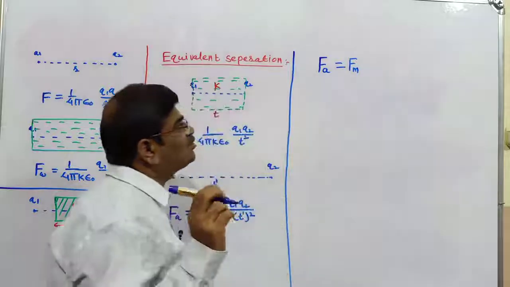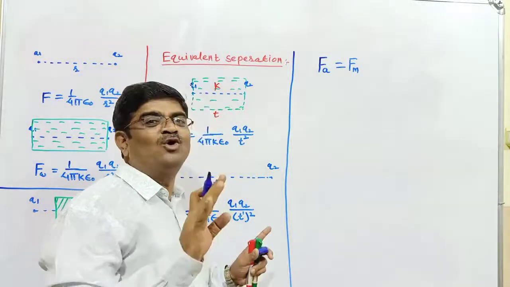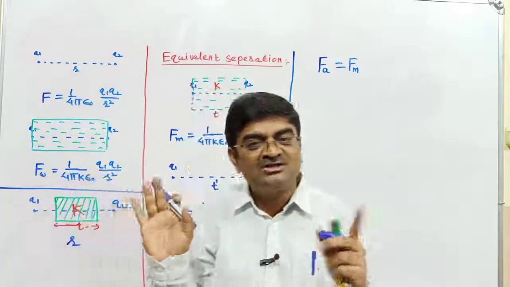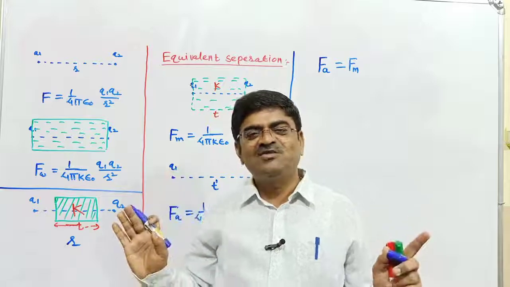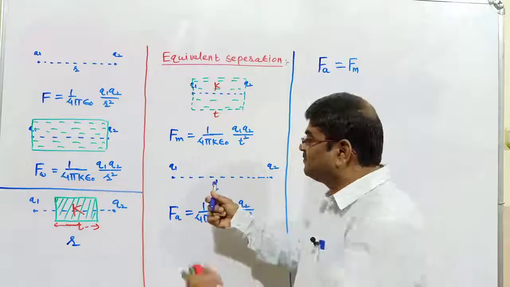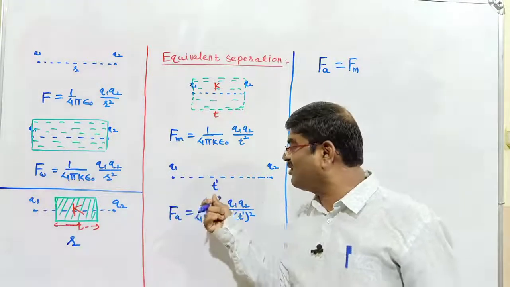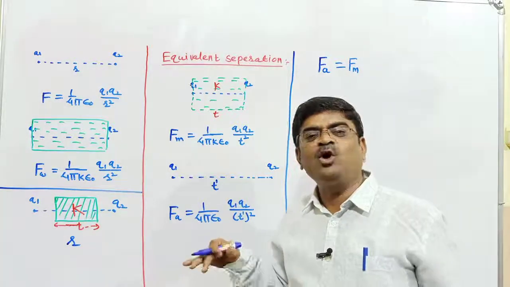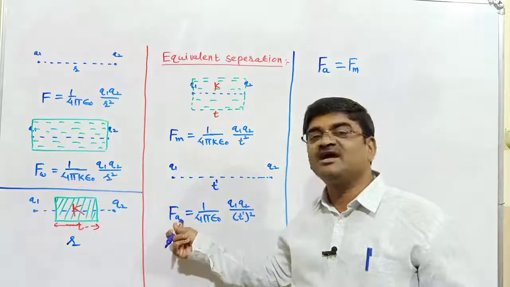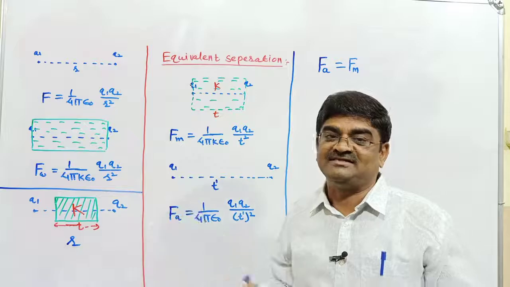I just now told you FA is greater if I keep the same separation, but I don't want to have that FA more. So charges I don't change, same charges. Then what adjustment will I have to make? To reduce the force, I am increasing the separation. Earlier it was T, now I have made it T dash. And I increase that separation until the force in the air becomes equal to the force whatever I had in the earlier dielectric.